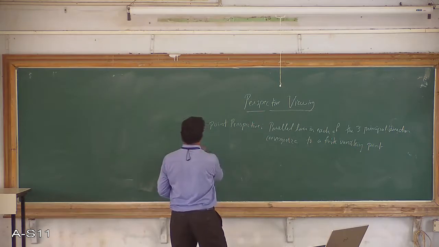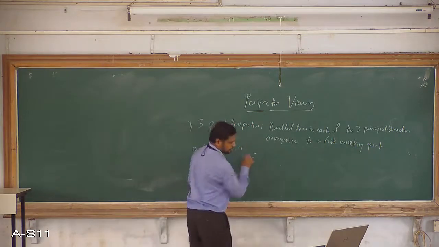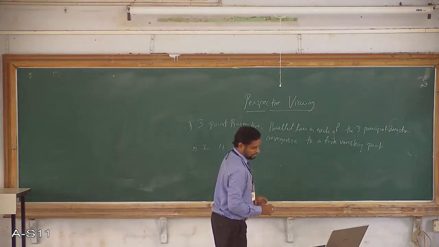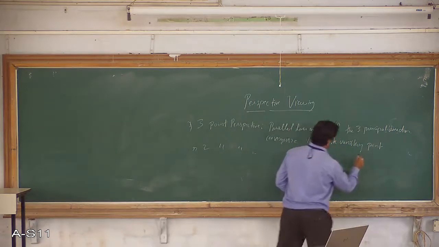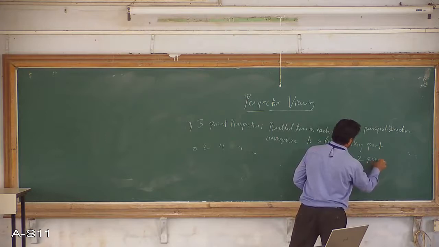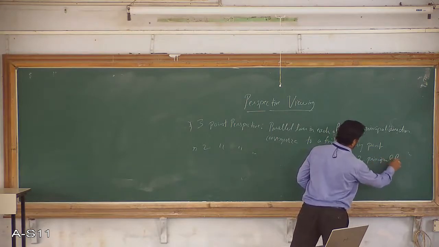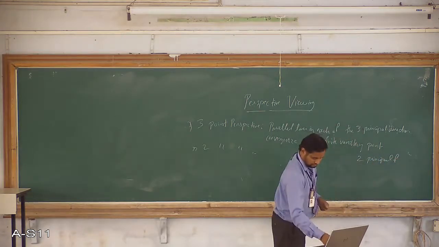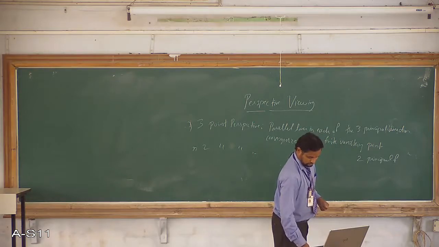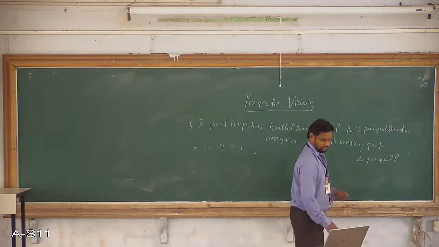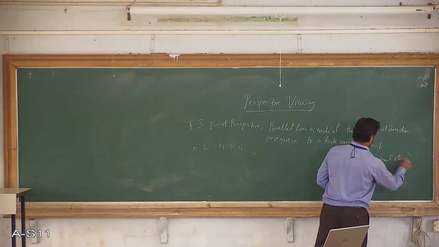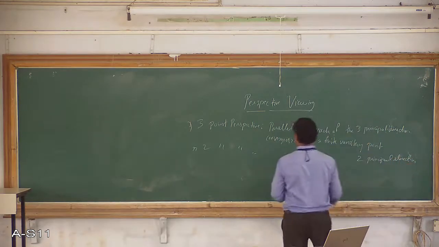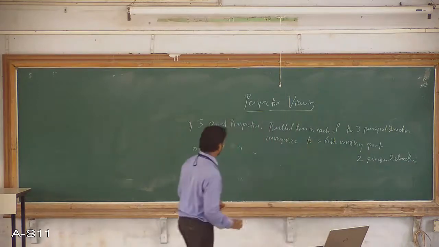Second, two-point perspective, where you have parallel lines in each of the two principal faces converging to a finite vanishing point.